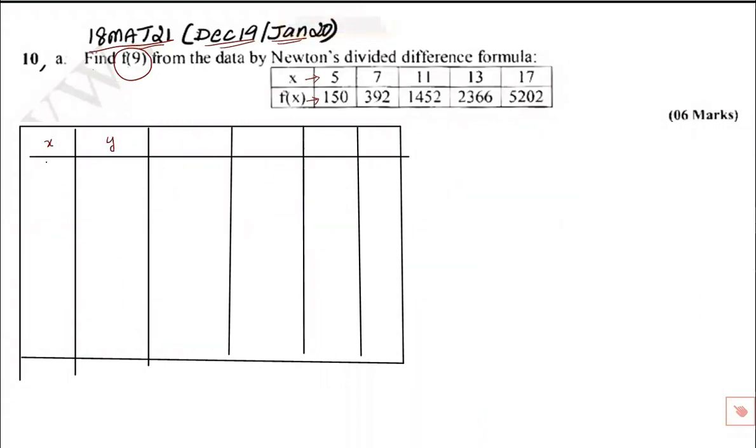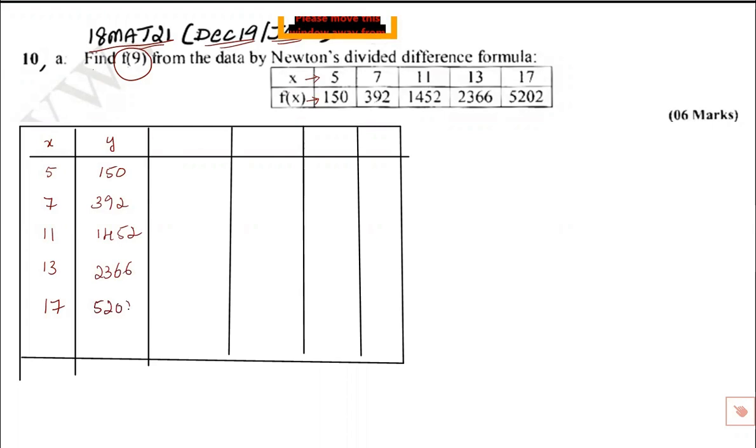The values of x are 5, 7, 11, 13 and 17. Corresponding values of y are 150, 392, 1452, 2366 and 5202.